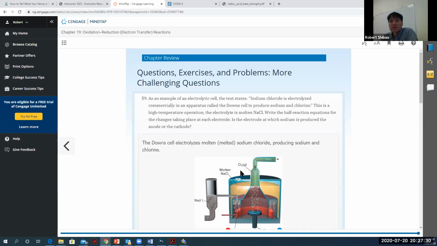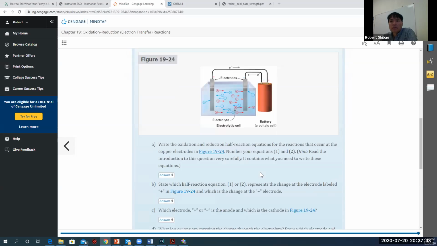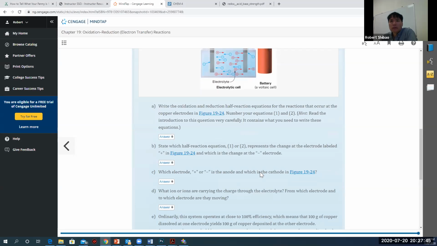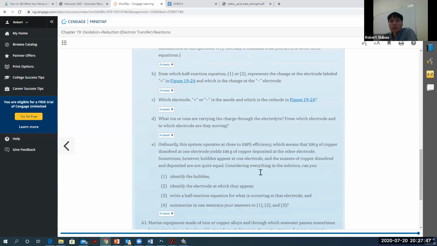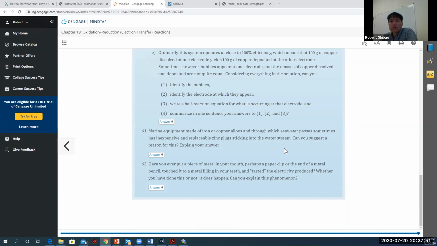This is electrolysis of sodium chloride. Electrolysis of sodium chloride can make elemental sodium and elemental chlorine, sodium metal and chlorine gas. Talking about batteries, electrochemistry.